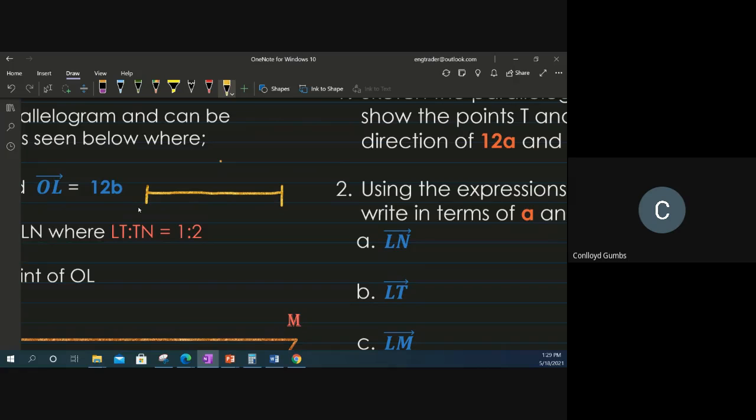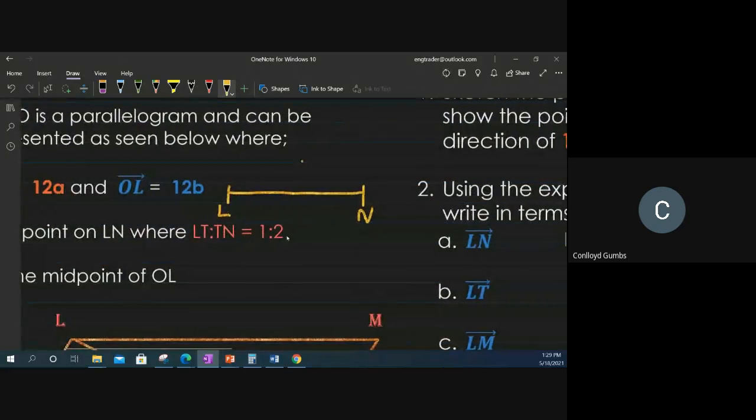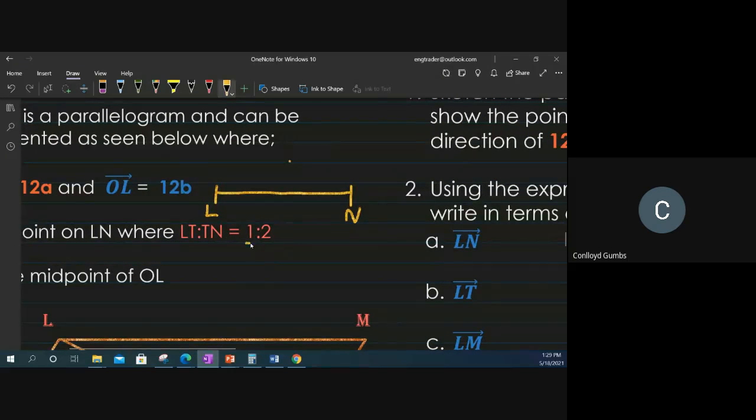The whole line is L to N, so T has to fall somewhere here. Looking at the numbers 1 and 2, this has to be split into 3 items. How did I get that? 1 plus 2 is equal to 3. So I know it's sharing 3 things.